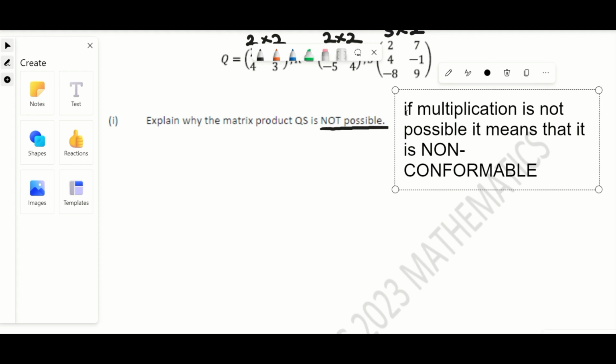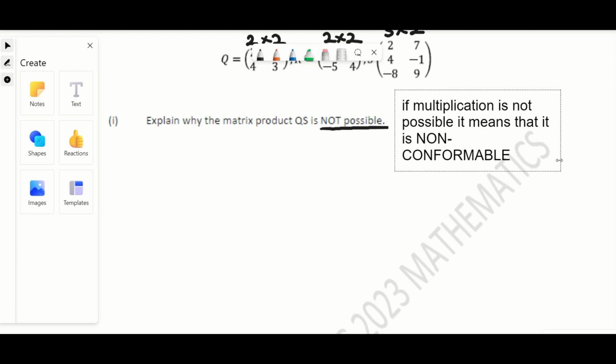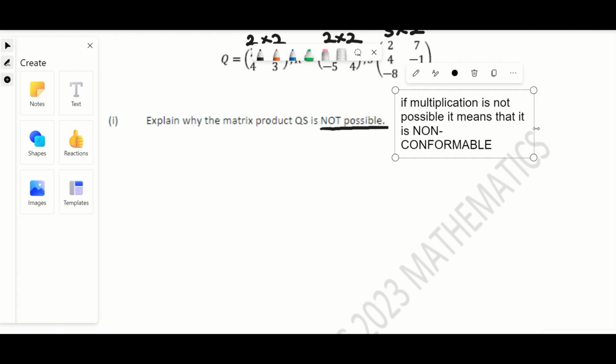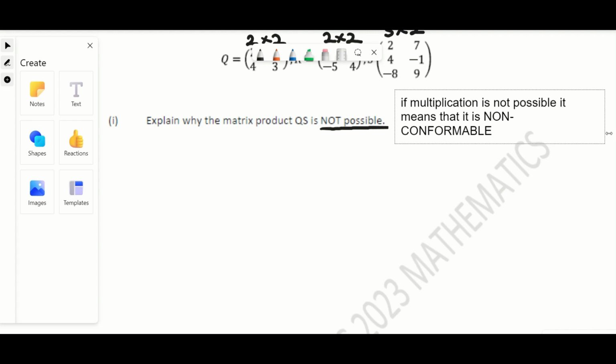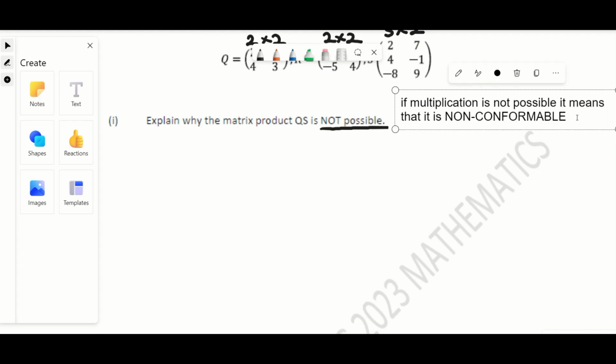That's what it means. Multiplication is not possible. It just means it is non-conformable. Now let's go through what they mean by non-conformable. Let's open this up bigger so we can get that right.